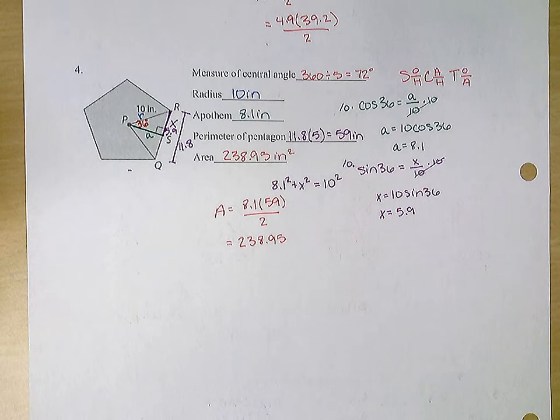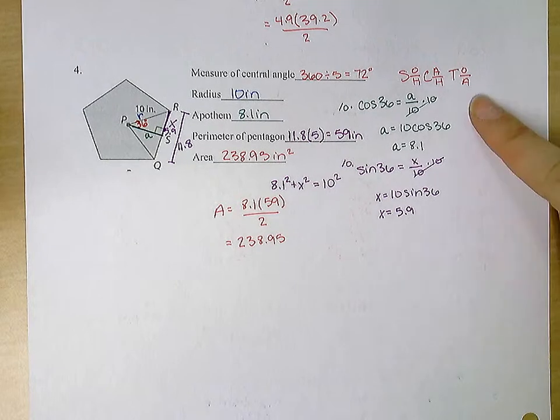So for some of your problems, again, you can use special right triangles. If you'd rather just use SOHCAHTOA the whole time, that's fine too, because we're rounding those special right triangles with the square roots. But again, you can only use these two if this is specifically your angle combination or this is your angle combination.